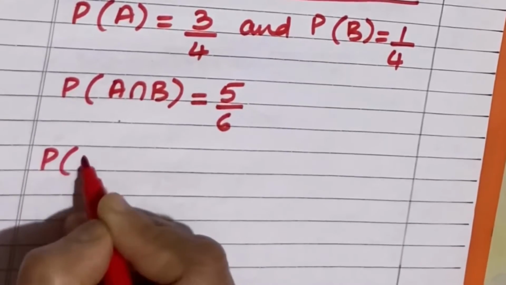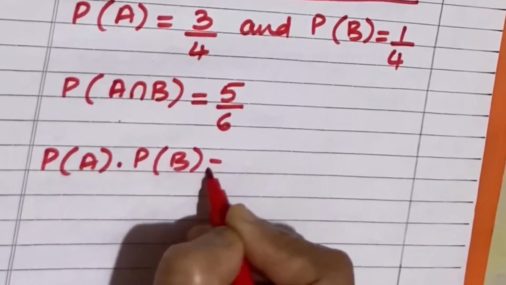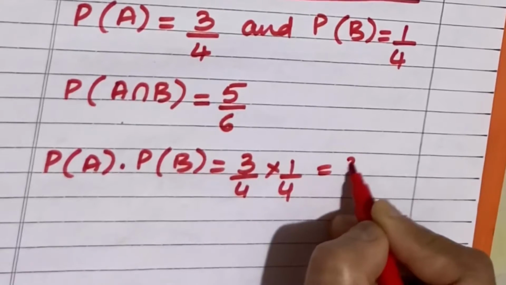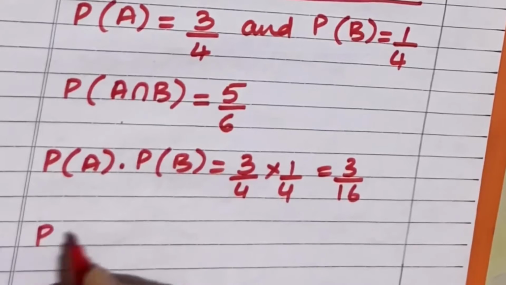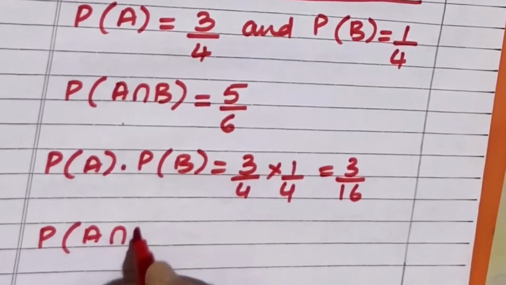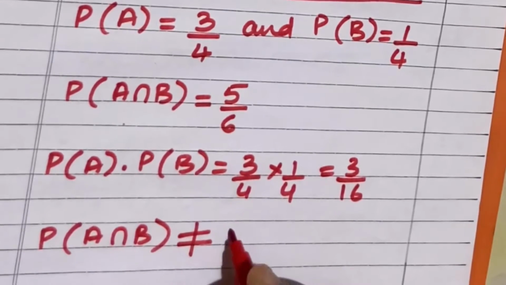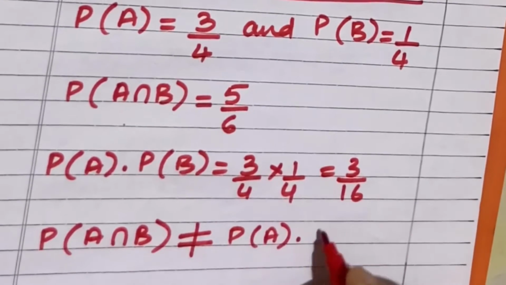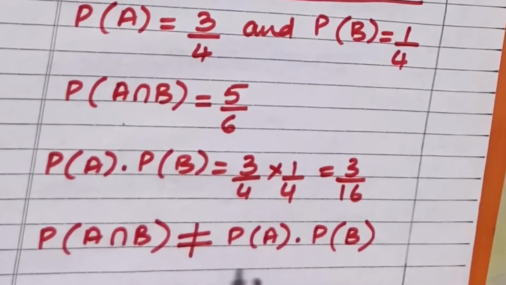Now we take the product. Probability of A into probability of B, that is 3 by 4 into 1 by 4, that is 3 by 16, which is not equal to probability of A intersection B. So we write probability of A intersection B is not equal to the product of probability of A happening and probability of B happening. So these are dependent events.